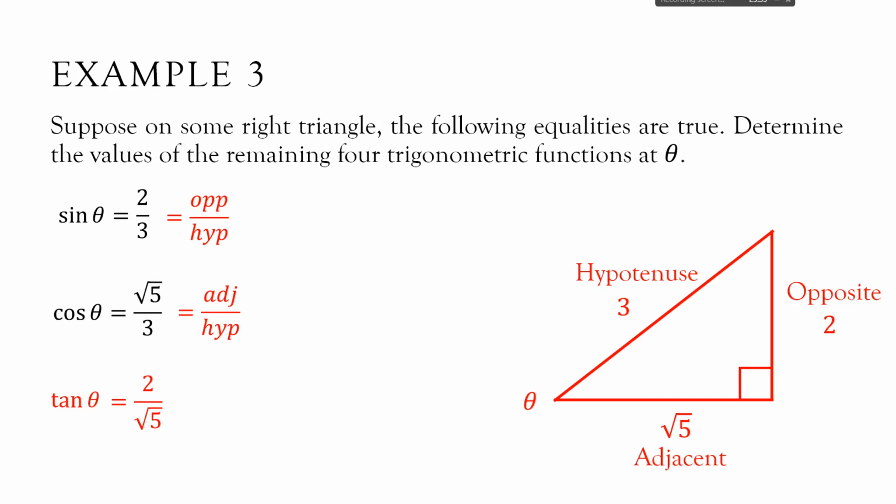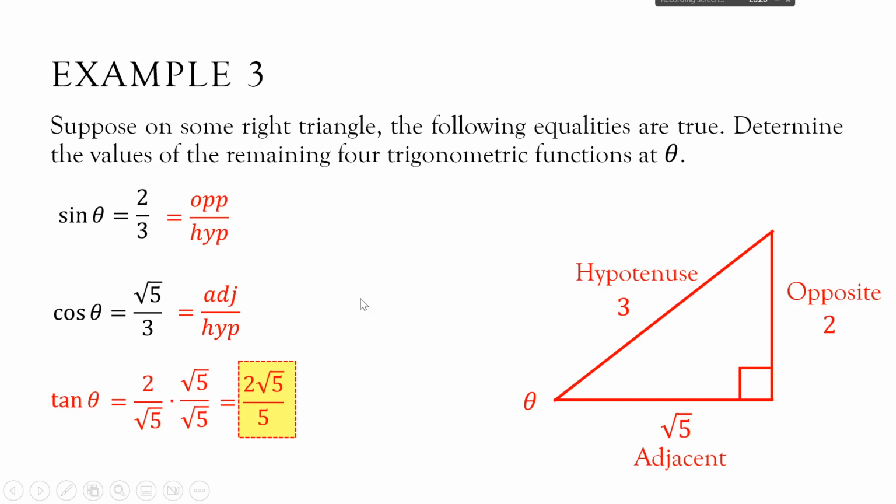So how do I get rid of it? I have to rationalize, which is a fancy term for saying I multiply by square root of 5 over square root of 5. If I multiply this out, 2 times square root of 5 gives me 2 square roots of 5. Square root of 5 times square root of 5 gives me 5. So I have tangent of my angle theta.